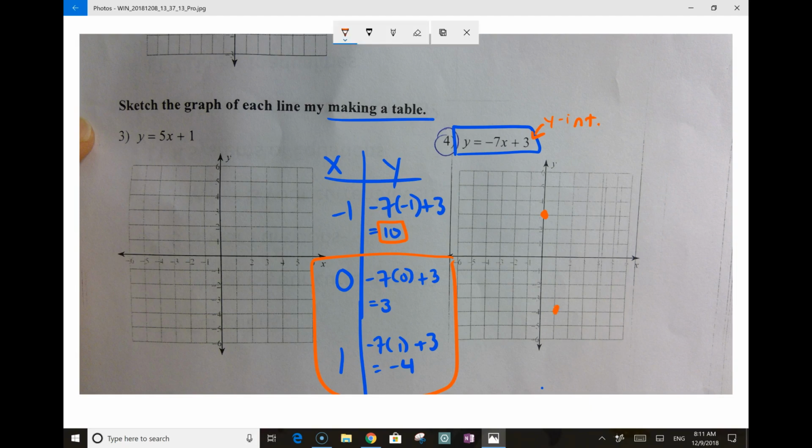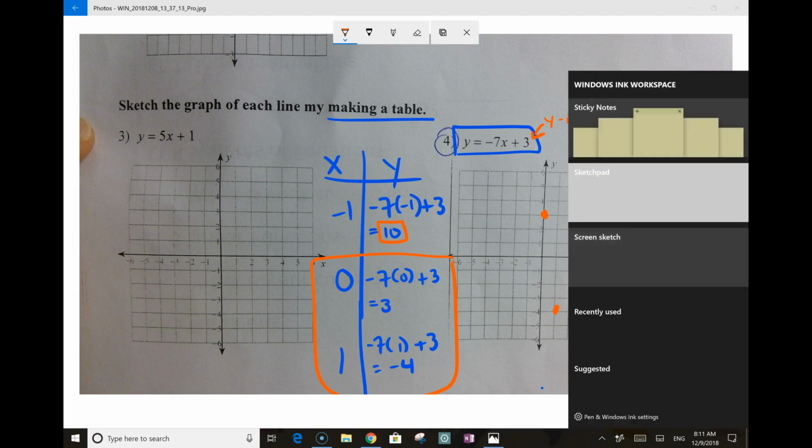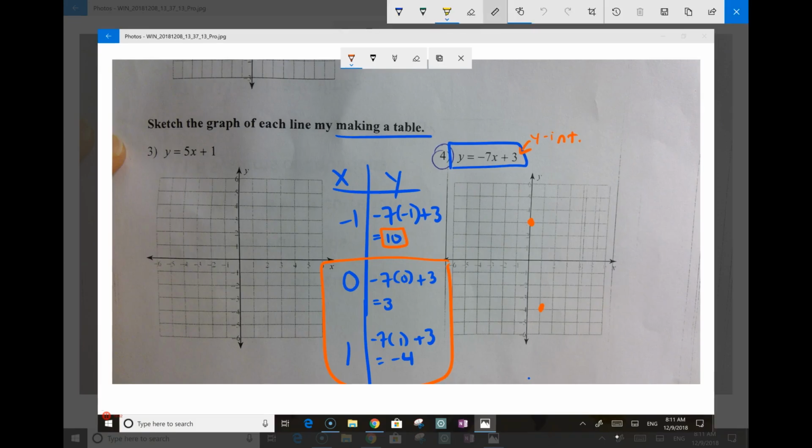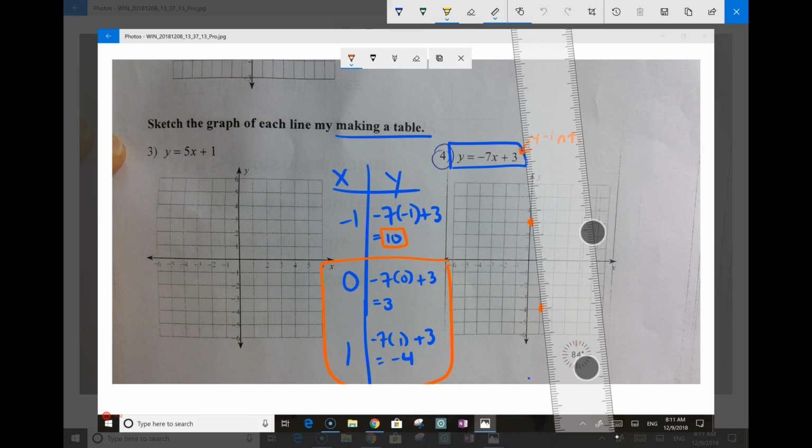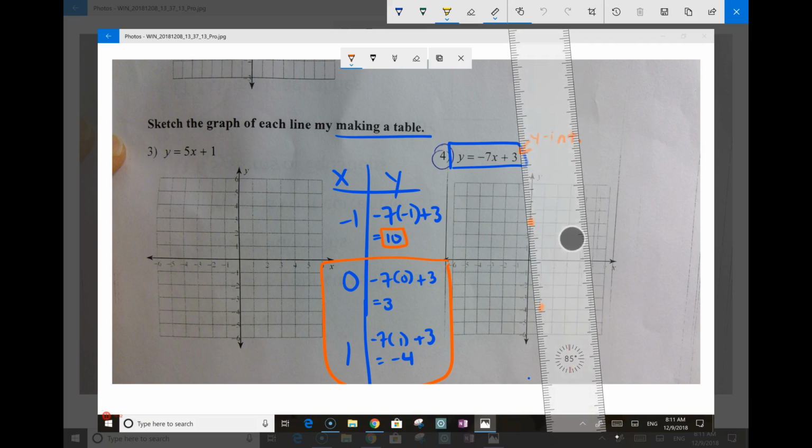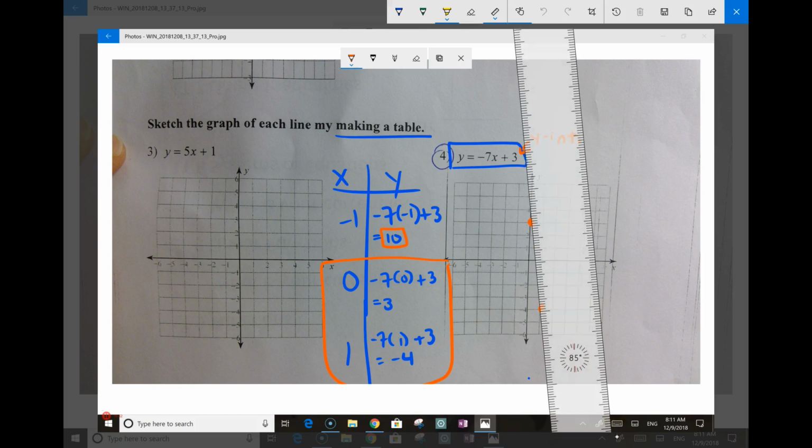And as soon as you have those 2 points, you can go ahead and make a good line for yourself. I always recommend using a straight edge. Anything can be used as a straight edge, by the way. It doesn't necessarily have to be a ruler. Of course, rulers help. And there you go.